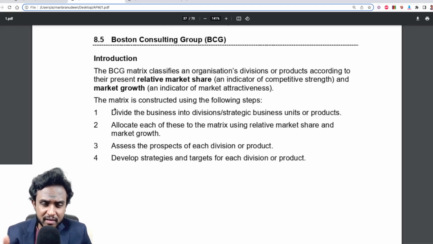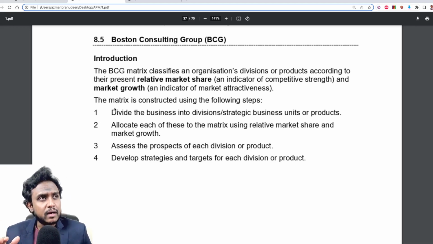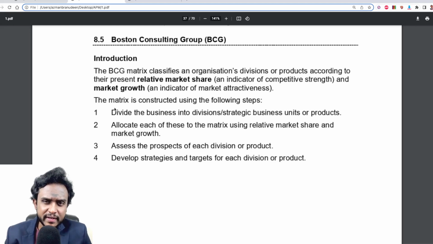But if your market share is less than the market leader's market share, then your relative market share will be less than one. It means that you're at a lower market share. Now, market growth: of course, you can use the compounding formula, you can use different ratios, but most commonly it's revenue.